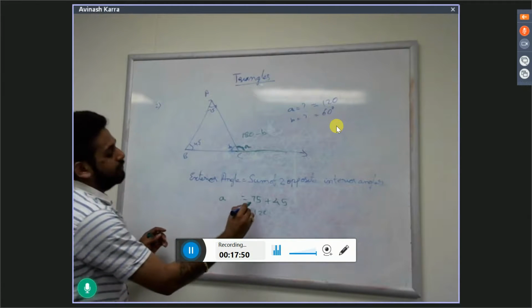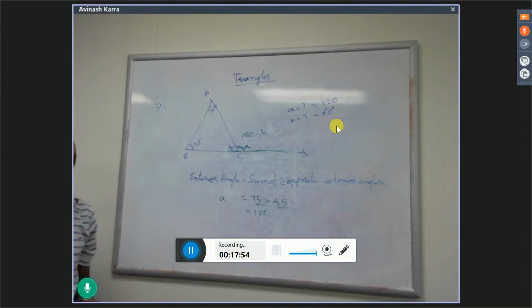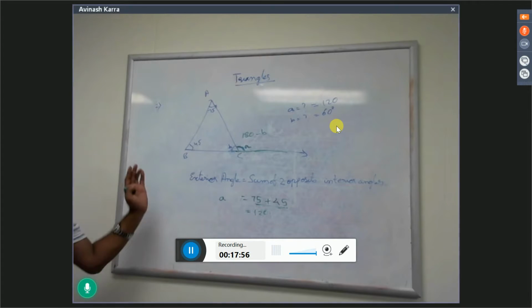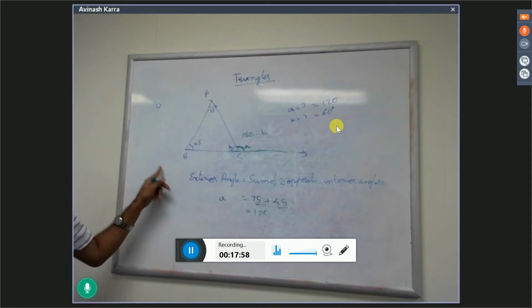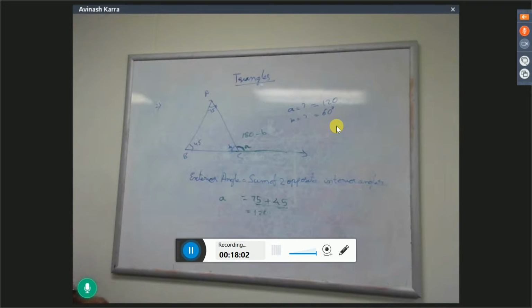But it is recommended to remember this formula. Is everyone clear about this? Yeah.